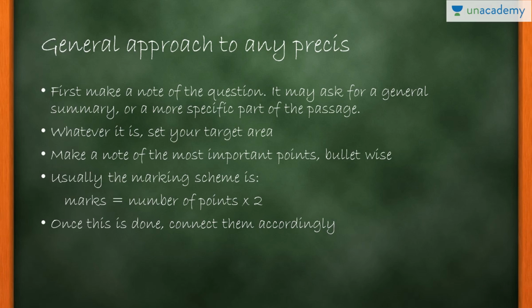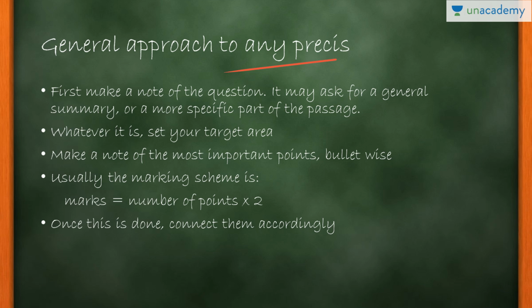So the next thing that we have here is the general approach to any Preci. When I'm saying any Preci right here, it's because there are a lot of types of Precis. There are 3 types mainly. So before we go into them, the general approach should be known to you. What you need to do is first you see the question very carefully. Always the gist of the passage is not required.